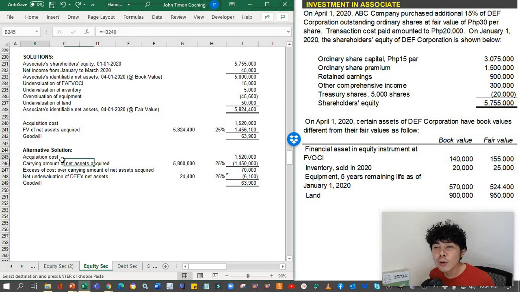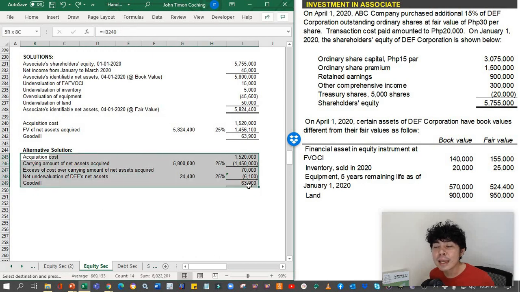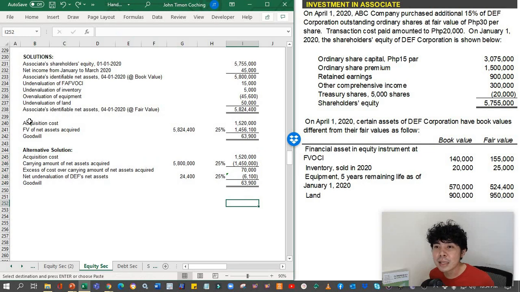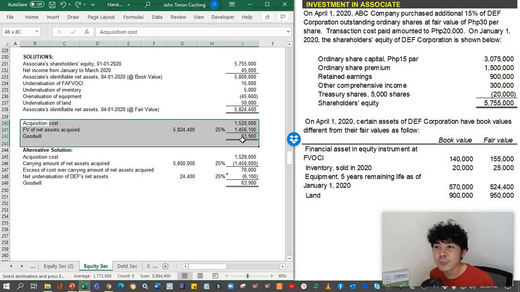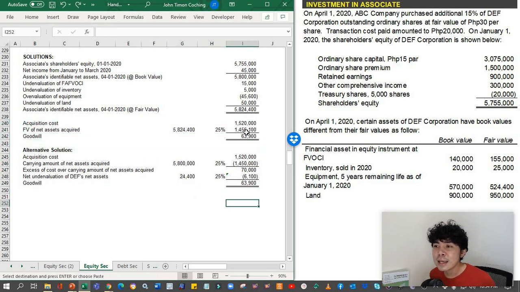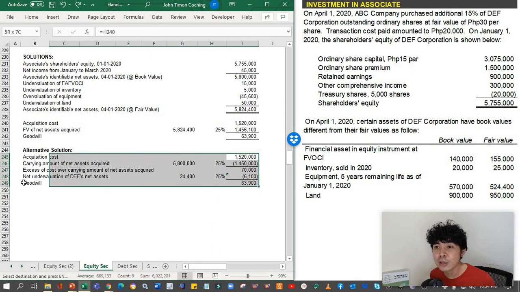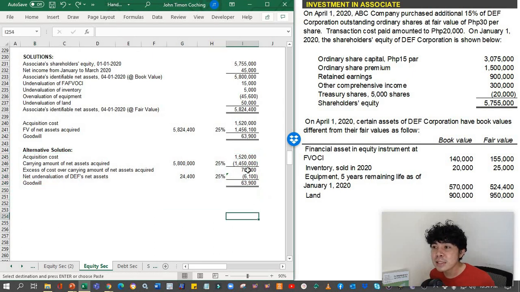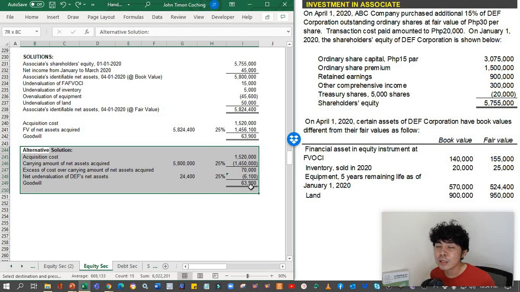So ito yung computation ng goodwill or negative goodwill that is discussed in our textbook. Pero basically, parehas lang yan dito sa computation nito. Ang only difference is dito ang ginamit ko is fair value of net assets acquired, which is also considered in this solution dito sa alternative solution ko. Bakit? Kasi etong fair value na 1,456,100, hinati niya lang pagdating dito sa alternative solution ko.